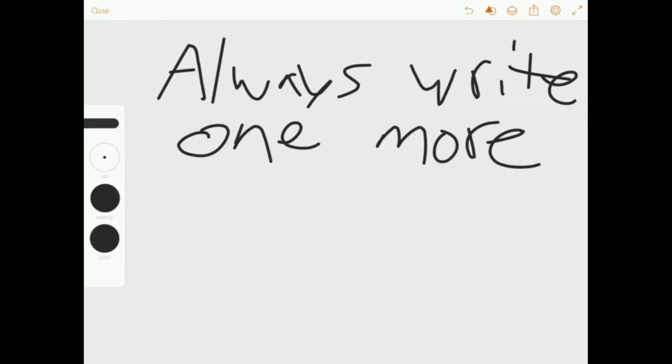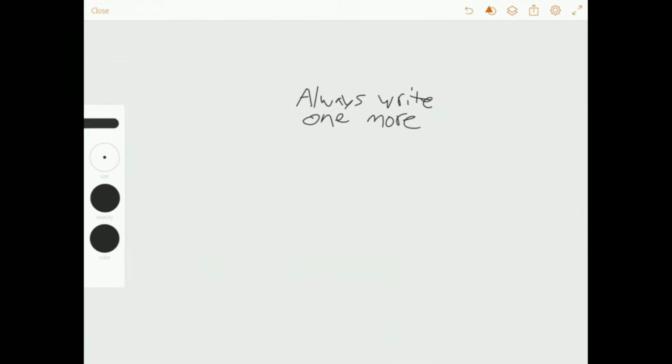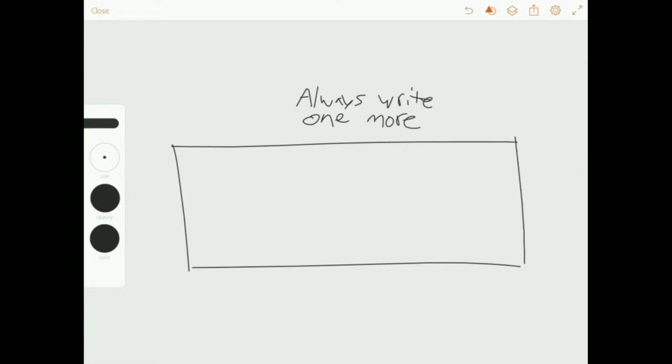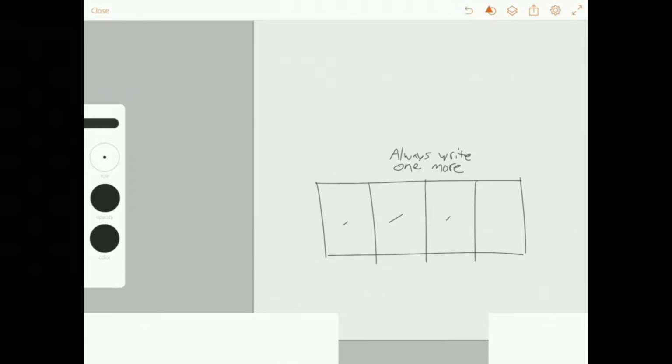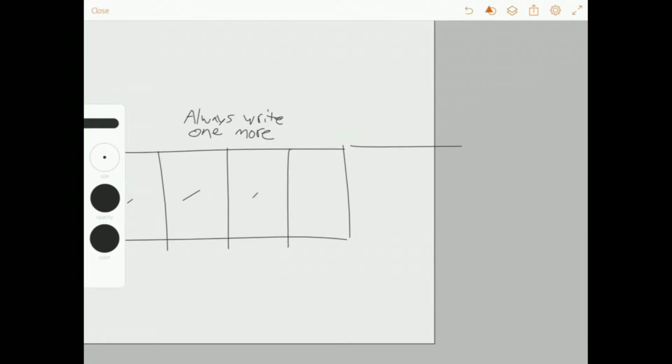Always write one more. And what I mean by that is if you've got 4 panels, okay, go ahead and spend your time to fill in this one, this one, this one, this one, and then come back an hour later, okay? And when you do, think about what would be the next thing that's said, okay?